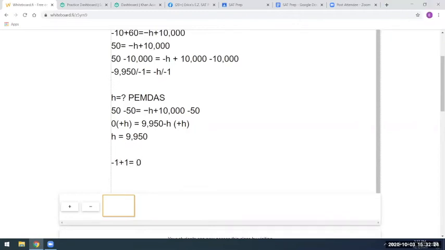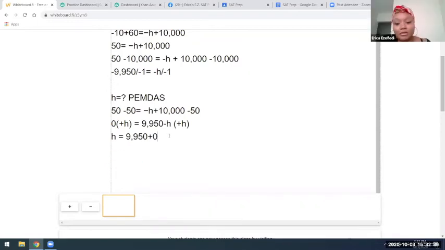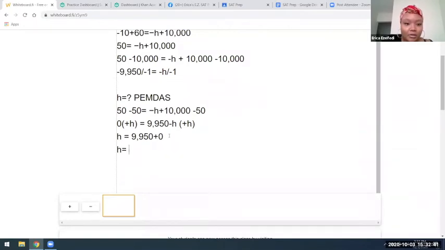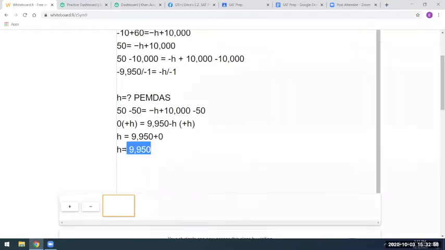Right. So that means that negative h plus h equals 0. Yep. So then we have h equals what? 9,950. So let's take a step back and see, do we have the structure that we wanted? Yes. Right.